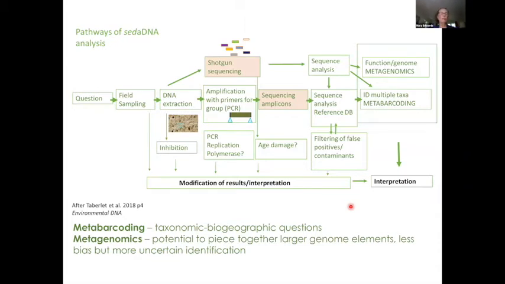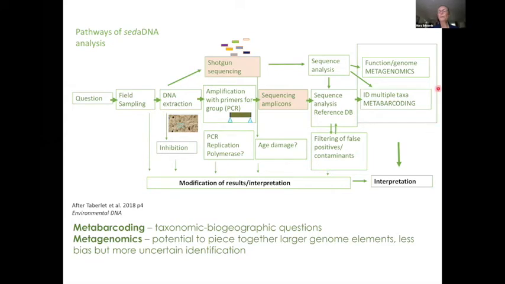And a large dichotomy is metabarcoding, whereby you have probably taxonomic or biogeographic questions, and you find fragments of DNA that are hopefully linkable to something like a catalogued flora of your biogeographic region, or perhaps very specific probes that will find a species of particular interest in your series of samples that may be going back through time.